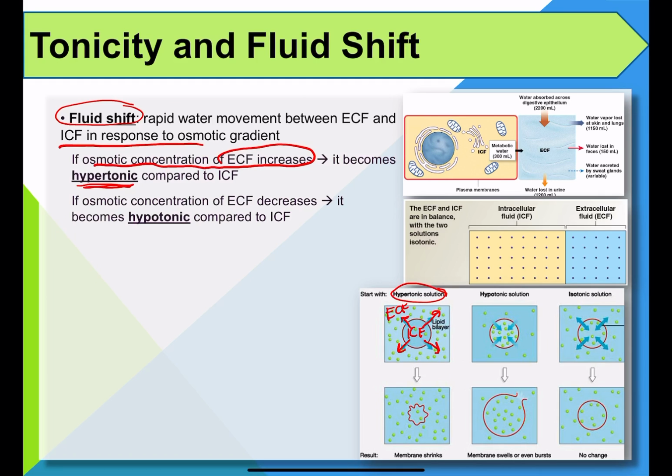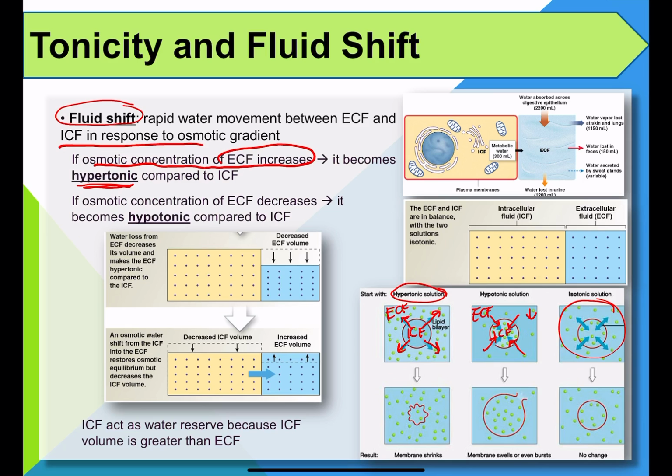Now, if the osmotic concentration in your ECF goes down, so you have less solute in the ECF than your ICF, then water will move into your ICF from your ECF to compensate. And of course, isotonic on both sides, ECF and ICF, is the happiest situation where things are in equilibrium.